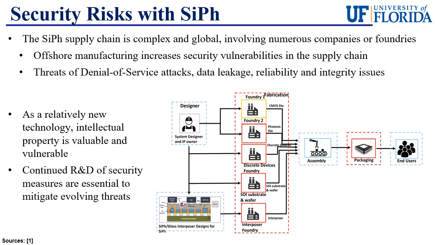As a relatively new technology, the intellectual property surrounding silicon photonics is extremely valuable and also vulnerable to attacks like this, just like electronic devices are. Because of this, it is incredibly important that we continue to develop security assurance measures to mitigate the evolving threats of the modern computing age.